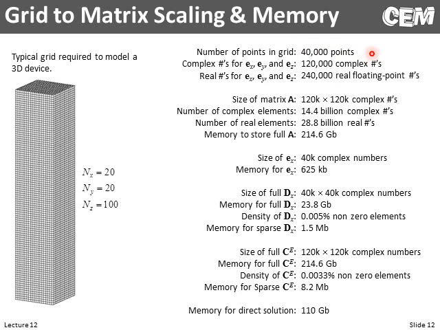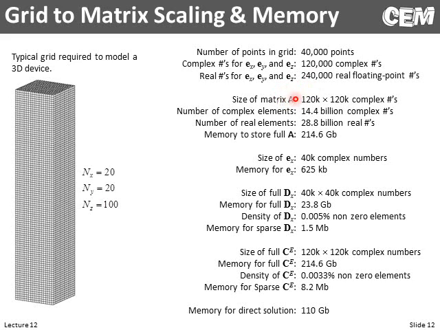Well, there's complex numbers, and we also have three field components. So it turns out we have 120,000 complex numbers in this grid, which we have to store the real and imaginary part as separate. So in fact, we have 240,000 real floating point numbers. Half of them are the actual real numbers, and the other half are the imaginary components of those numbers.